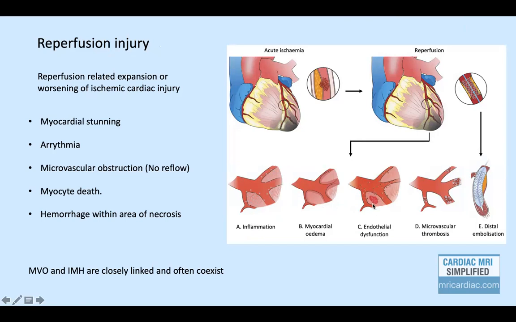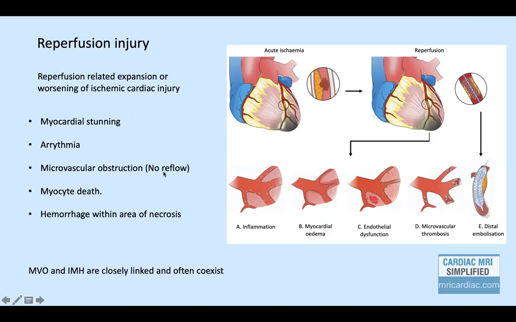There is also endothelial dysfunction. And because of reperfusion, whether natural or iatrogenic, it leads to endothelial dysfunction, some distal embolization, and microvascular thrombosis. All these are the features of reperfusion injury.